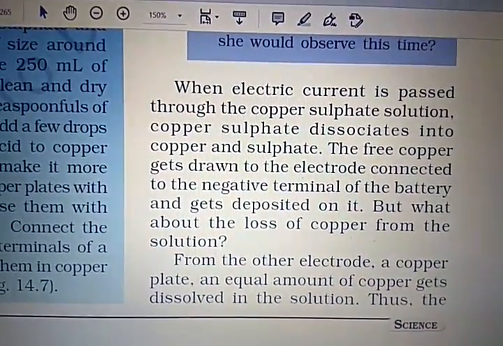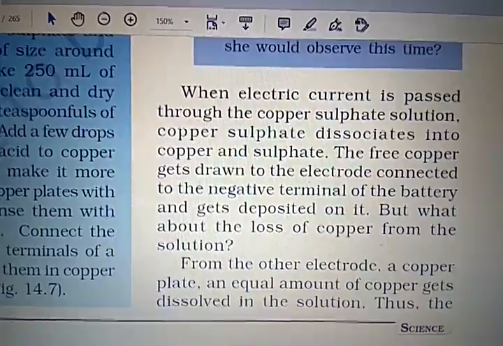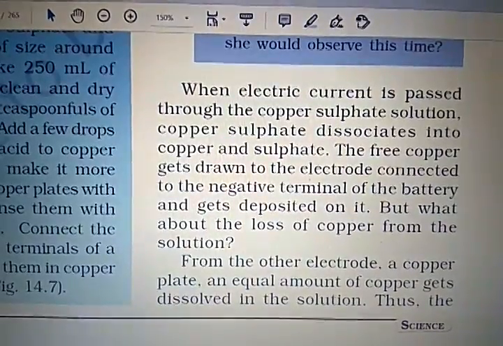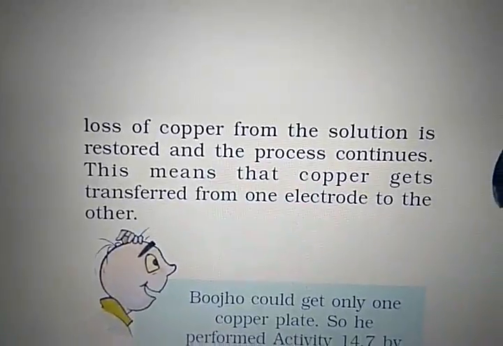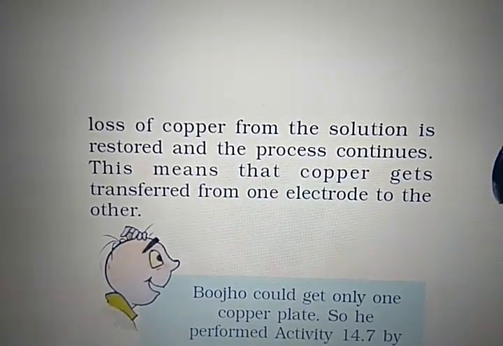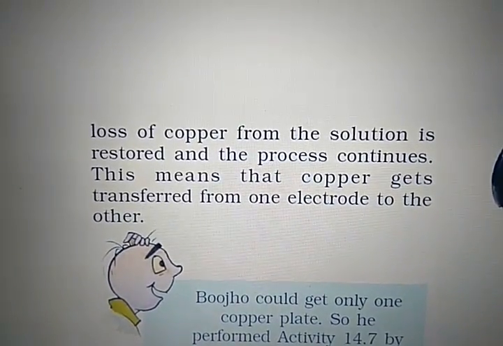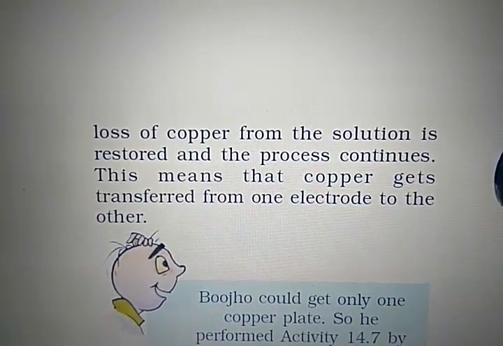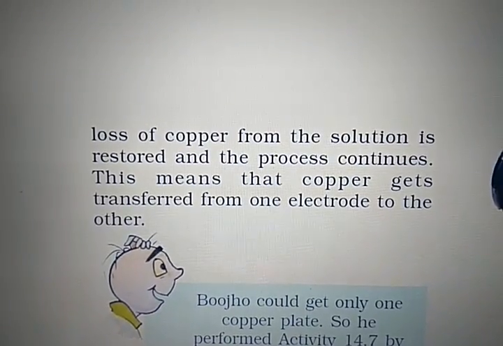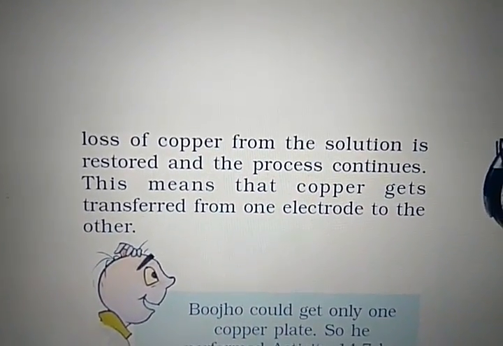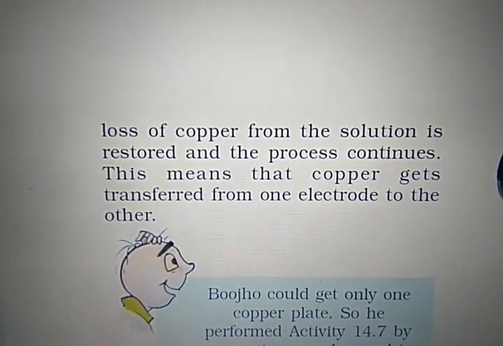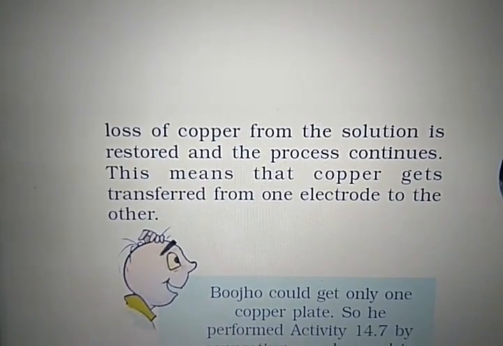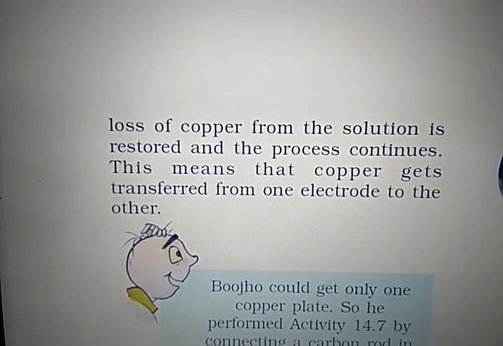So from the other electrode, a copper plate, an equal amount of copper gets dissolved into the solution. Thus, the loss of copper from the solution is restored and the process continues. This means the copper gets transferred from one electrode to the other electrode. You will see that on the negative electrode you will find the copper deposited on it, right, from the positive terminal.